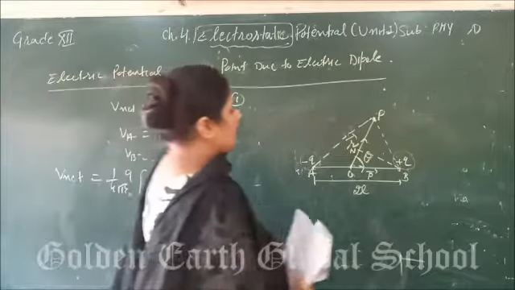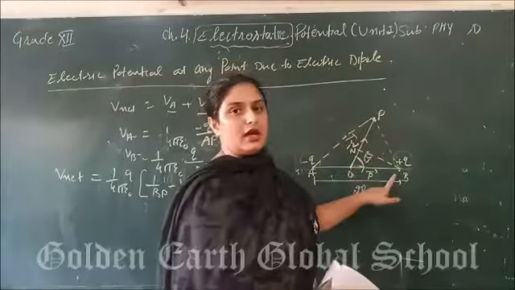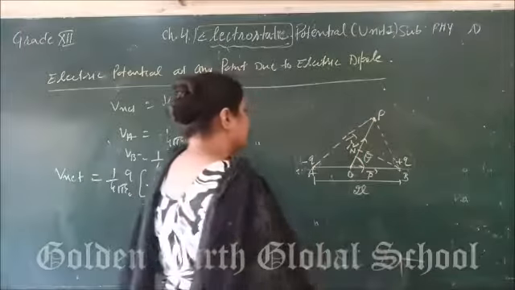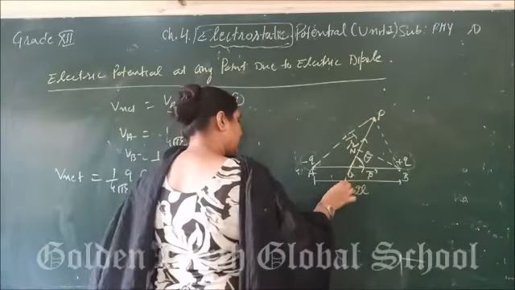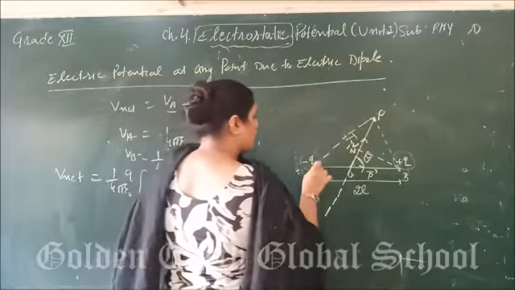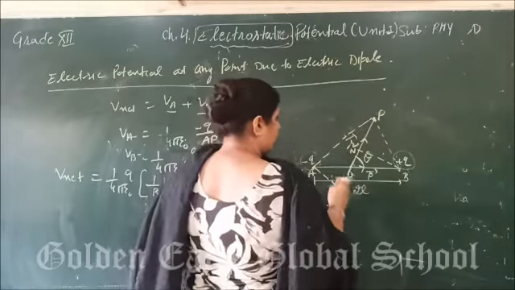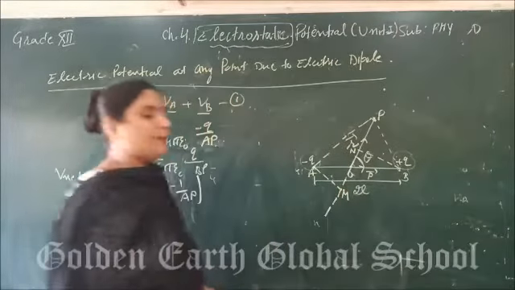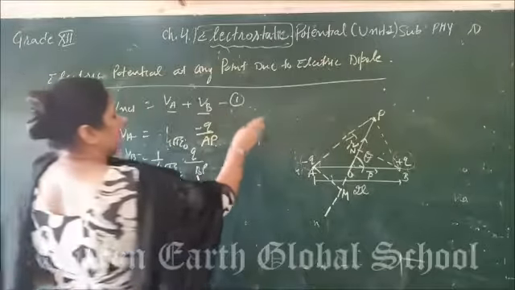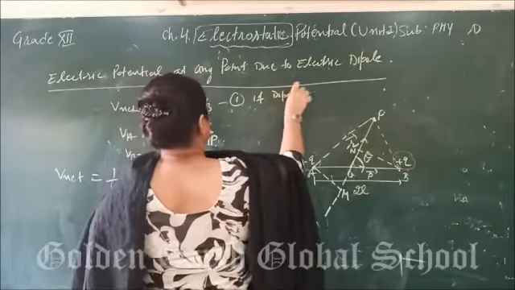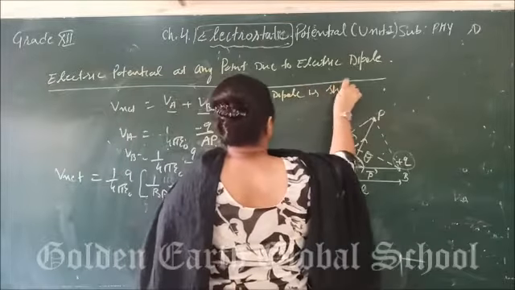Now, to calculate BP, I have to draw perpendicular to the OP from the point B, and next extend the line OP in the forward direction and draw perpendicular from point A to the line OP or PO. Let us suppose it is M. Now here in this diagram, I am going to apply the condition that the dipole is a short dipole.